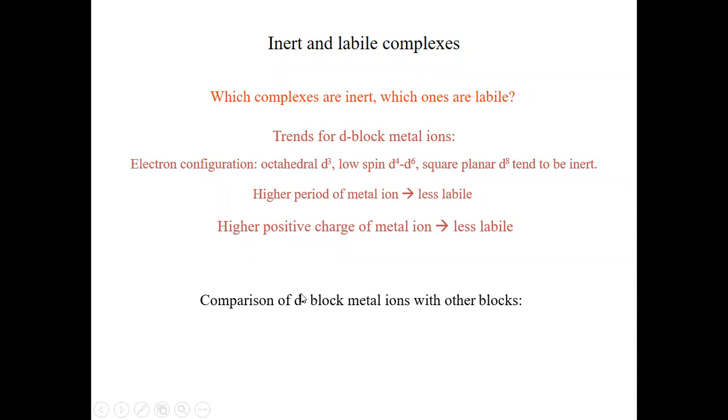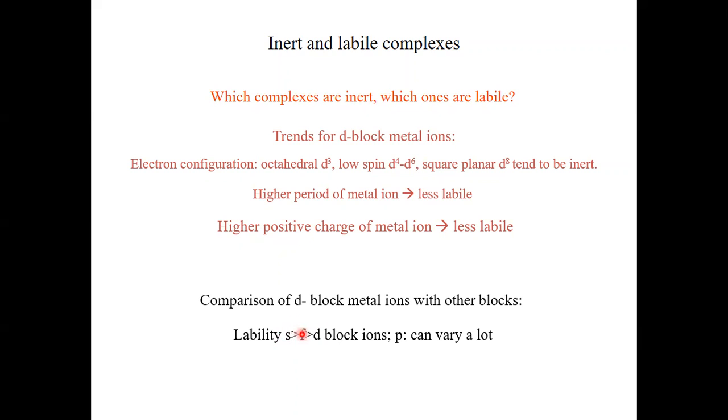Okay, so when we look at the other blocks and compare their lability to the d-block, we find that the s-block is the most labile block, followed by the f-block, followed by the d-block.